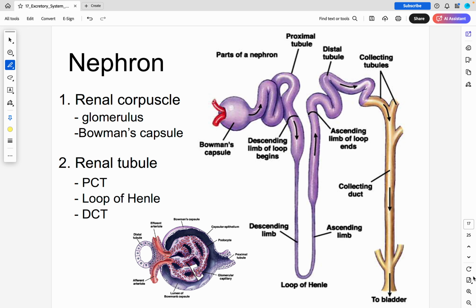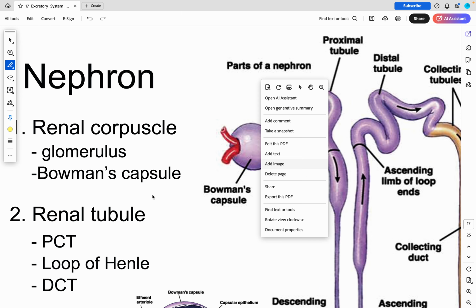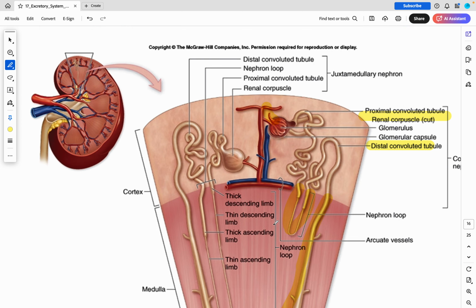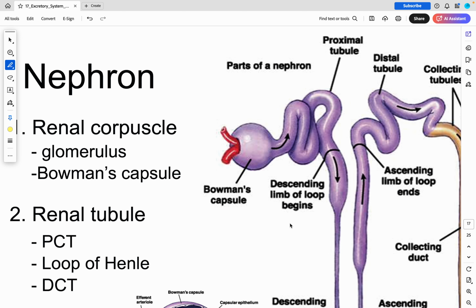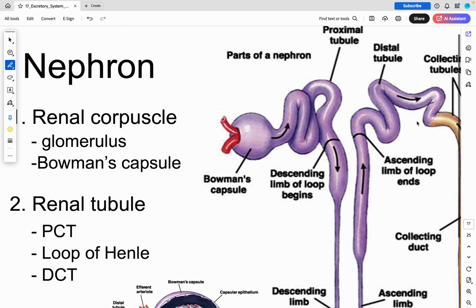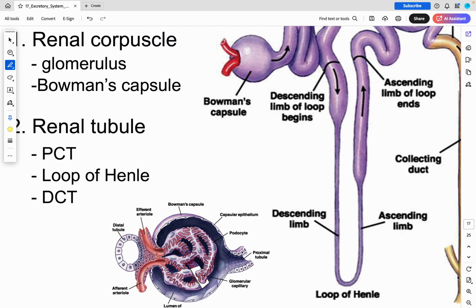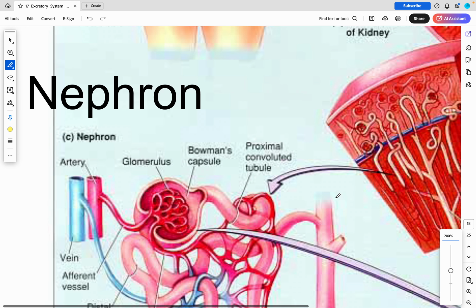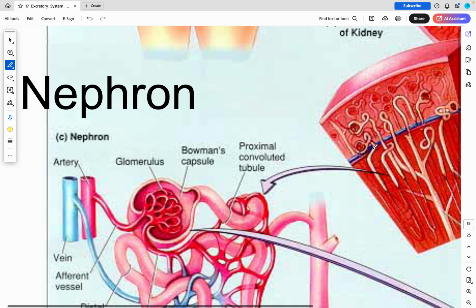Let's try to blow up the picture here. Oops. Let's try to zoom in.